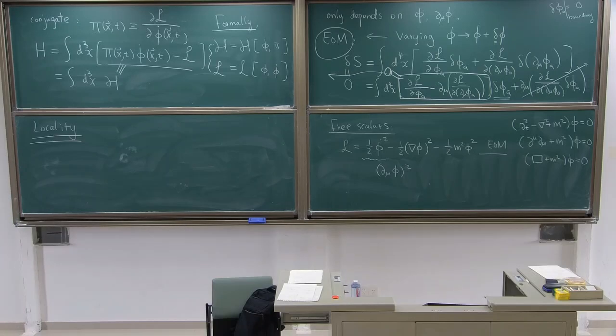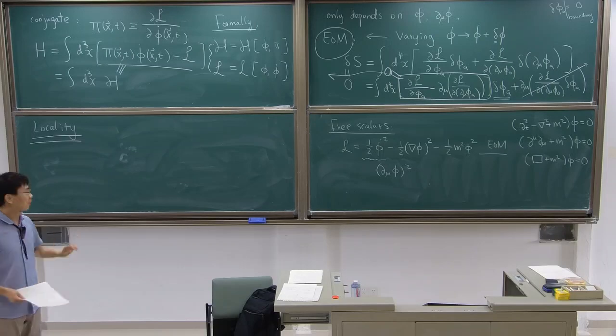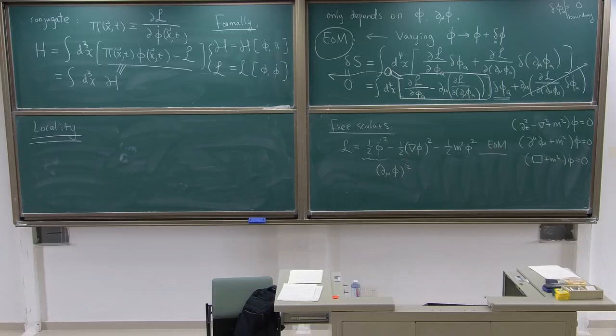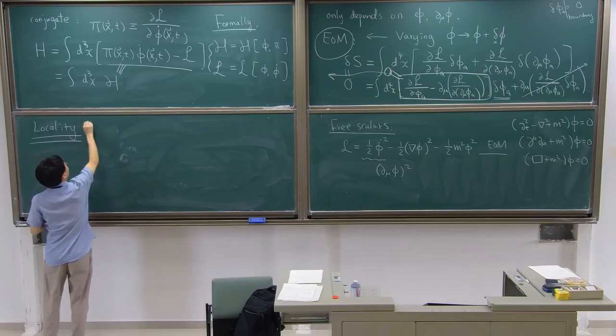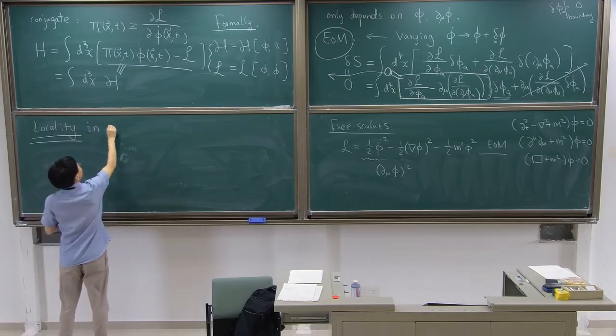I read in some textbooks, in the context of QFT, there's also some discussion about locality. But here, we just go back to the very original point, where at this moment we only talk about classical fields. So the point is, even in classical field theory, there is a notion of locality. It's actually a very simple requirement. So this is locality in classical field theory.